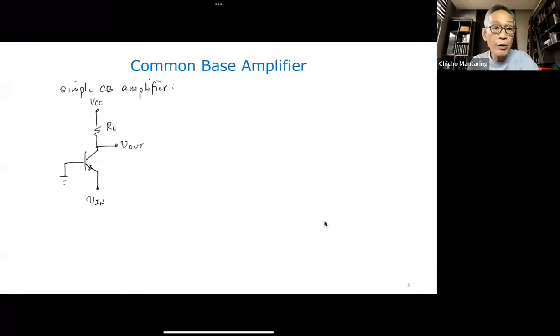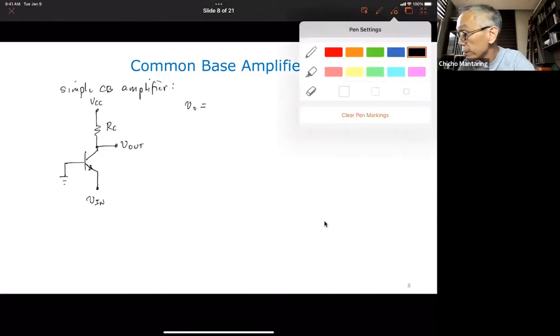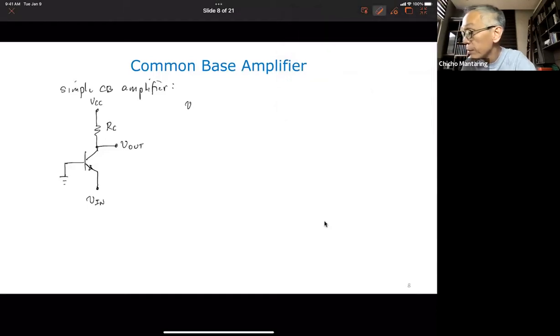So again, what do I want to do? I want to get a relationship between V in and V out. I'm again going to use the exponential model of the transistor. Okay, I have V out is equal to VCC minus IC times RC, where this is my collector current.